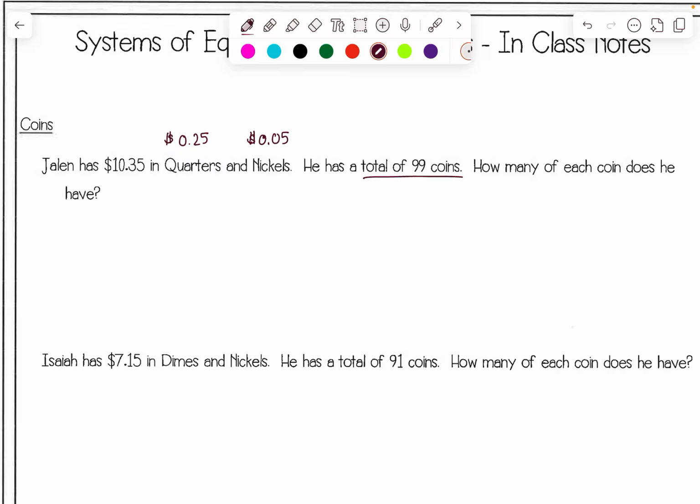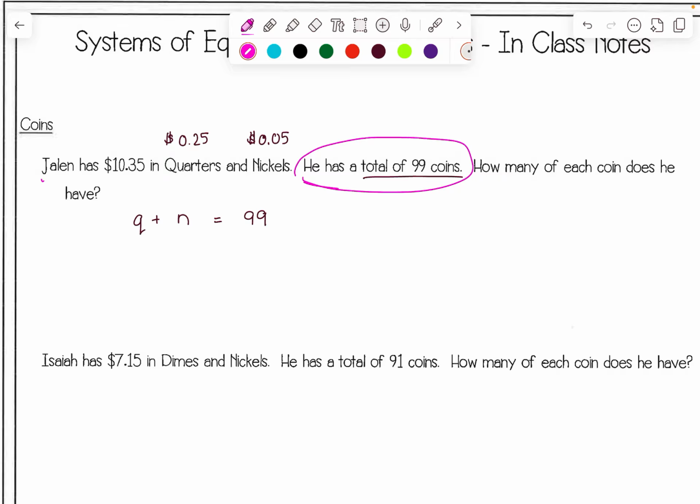Well, folks, we're going to start with variables. I'm going to use Q and N. So the number of quarters plus the number of nickels is going to equal 99 coins. There's one equation. Our second equation is going to involve the value of our quarters and nickels. So notice how the first equation I got was from here. That is just the total number of coins.